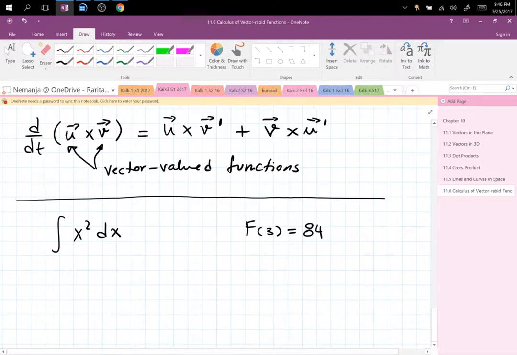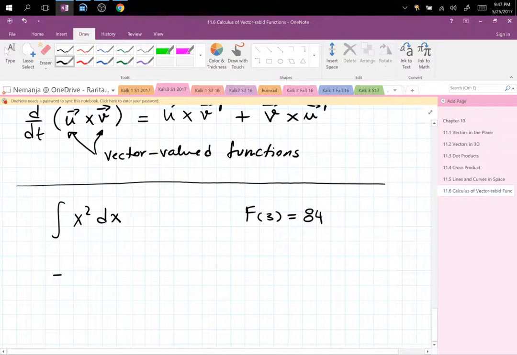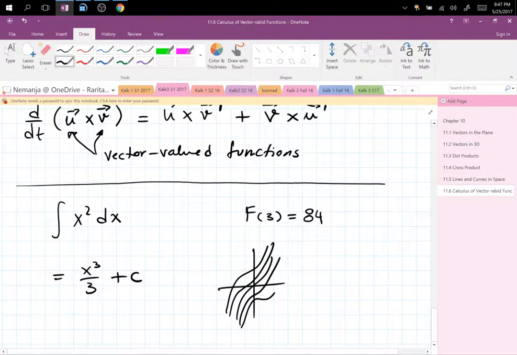So we know that when we integrate, we are going to get the function x cubed over 3 plus c, which actually gives me infinitely many of these x cubes stacked on top of each other forever. Only one of these functions will go through the point (3, 84). Only one of them.